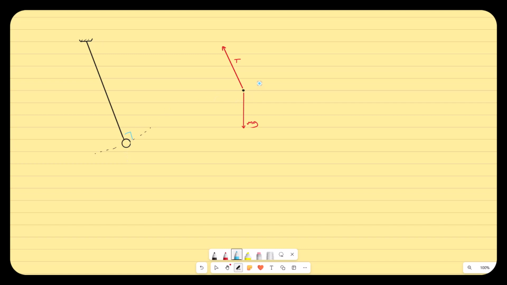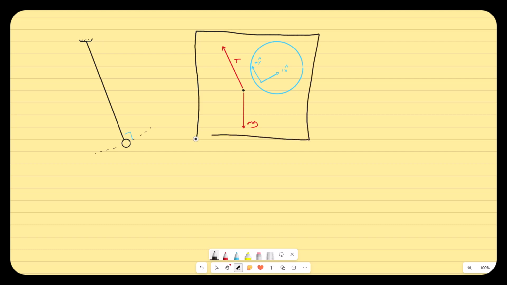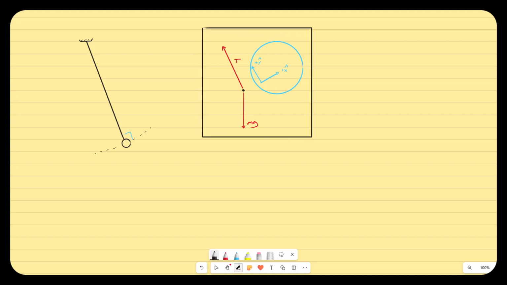So I would like to make my x direction be along that arc in this moment, and my y direction perpendicular to that. There are my axes. And that's my free body diagram for a pendulum.